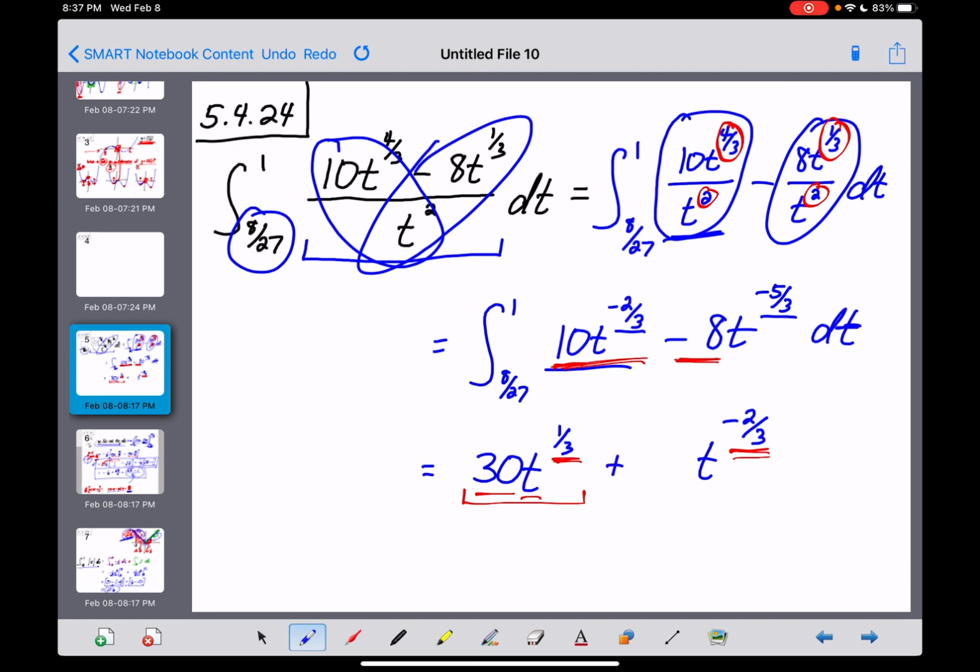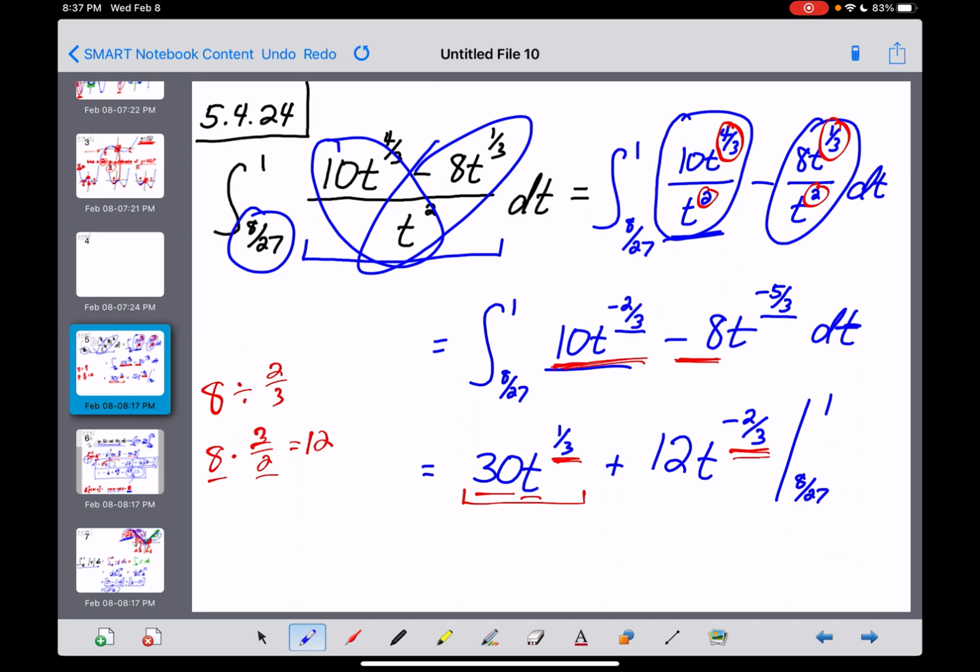And then let's see, guys. 8 divided, let me do this off to the side. 8 divided by 2/3. Well, that means 8 times 3/2. What's 8 divided by 2? 4 times 3 is 12. So that could have been worse. Plus 12, t to the negative 2/3, all of which gets evaluated from 8/27ths all the way on up to 1.